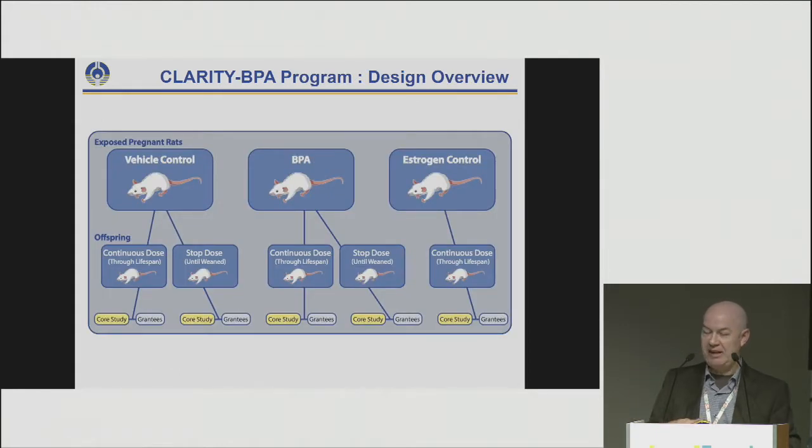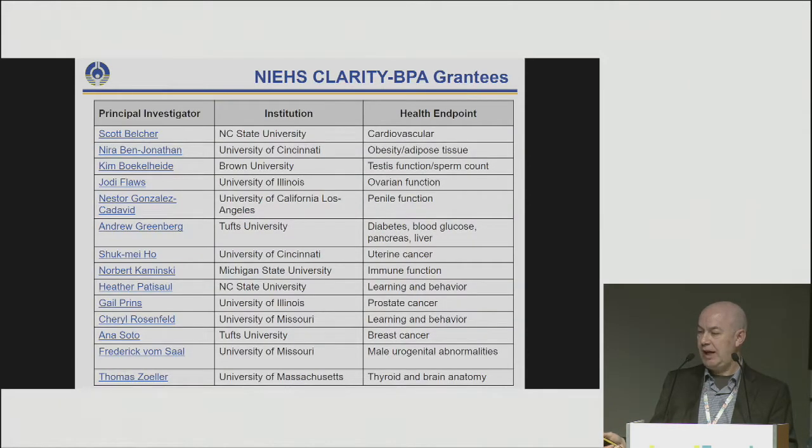And so this is just in schematic view, just to show that essentially there's a real close relationship between the animals that the grantees got with the core study. And this is the selection of all the grantees that are involved. The key point here is it's a wide variety of grantees looking at a wide variety of different endpoints.